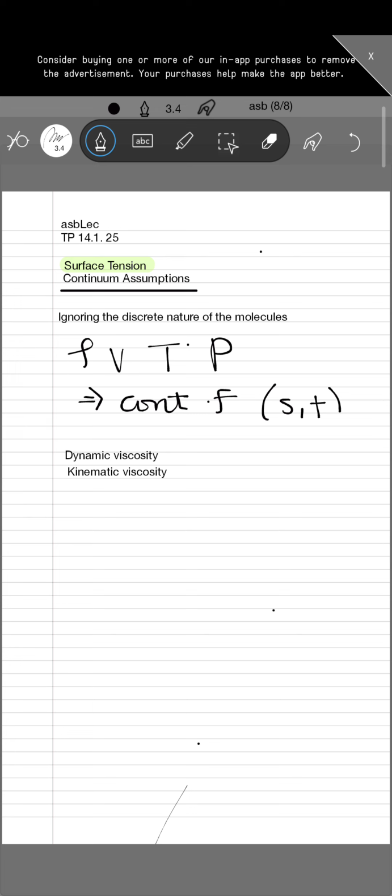Okay. Now, what is surface tension? If we define surface tension in very simple terms, it is the force, or rather it leads to the force, between the interface of two fluids.